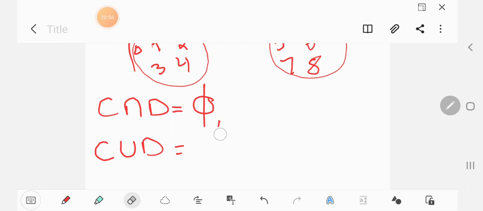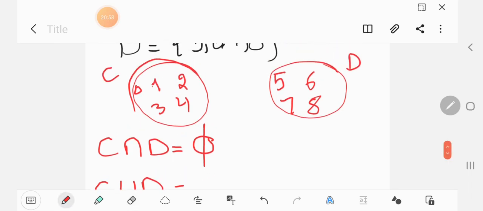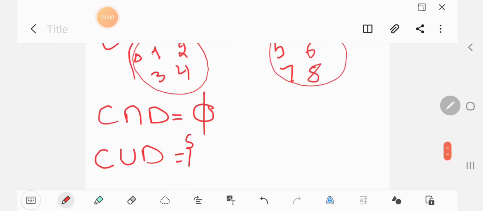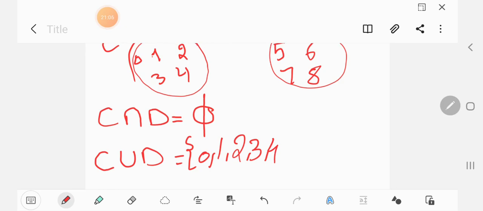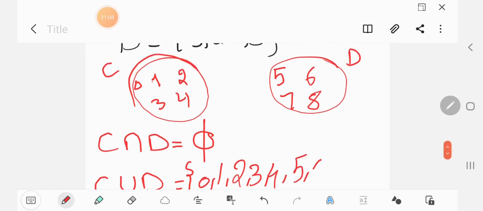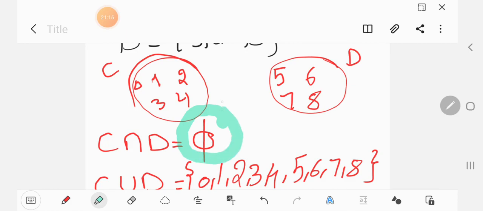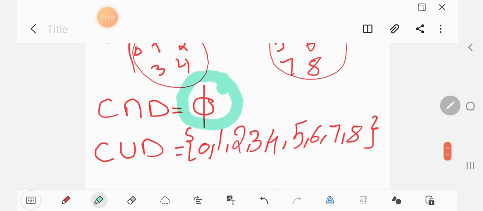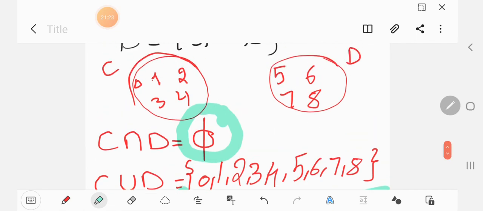No, it will be all the numbers in C and D. Set of all numbers: 0, 1, 2, 3, 4, and here we will take 5, 6, 7, and 8. Again, if the intersection is phi, the union will not be phi. It will be all the numbers, okay?